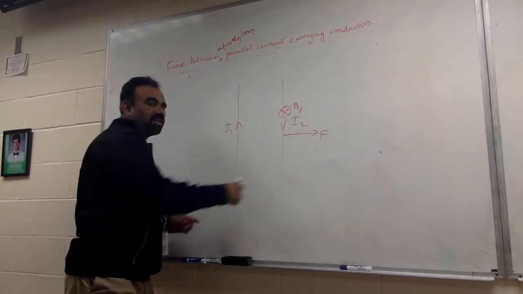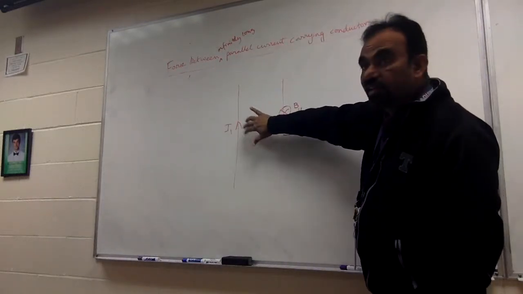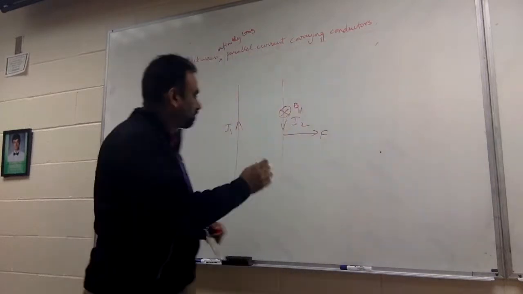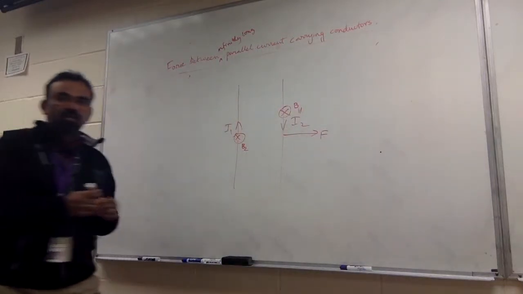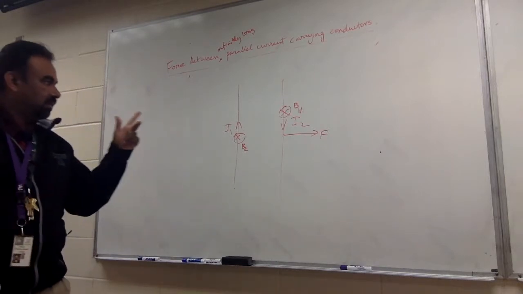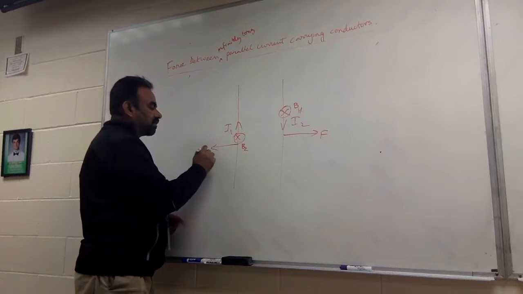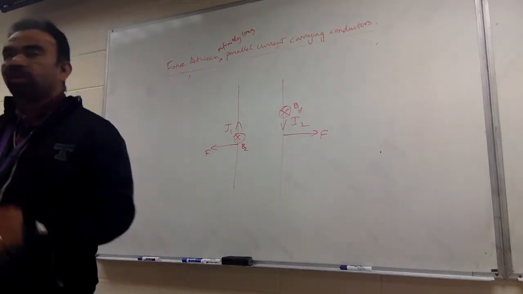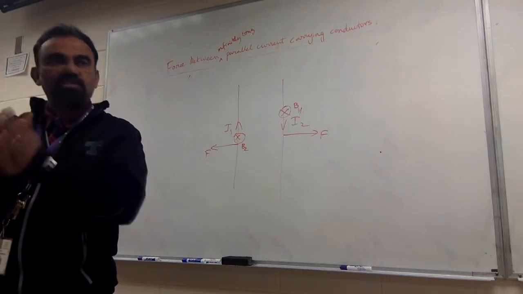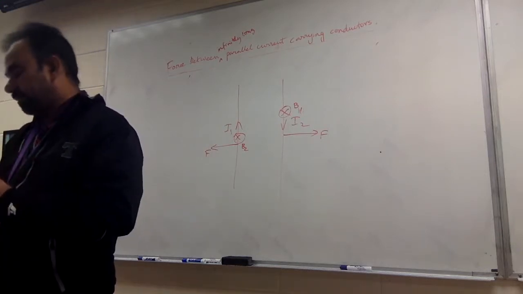When the current is going down in that wire, the magnetic field here is in. Now apply the left-hand rule. Magnetic field in, current up, force to the left. So you can see that they are repelling each other. So in short, when currents go in the same direction, they attract. When currents go in opposite directions, they repel.